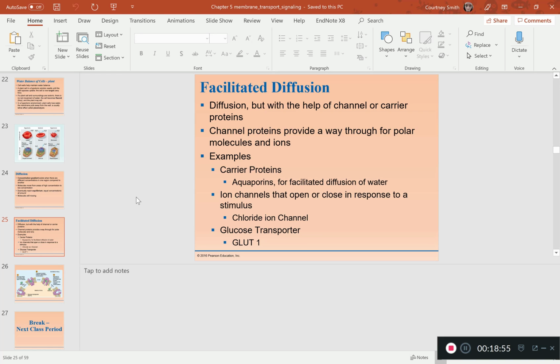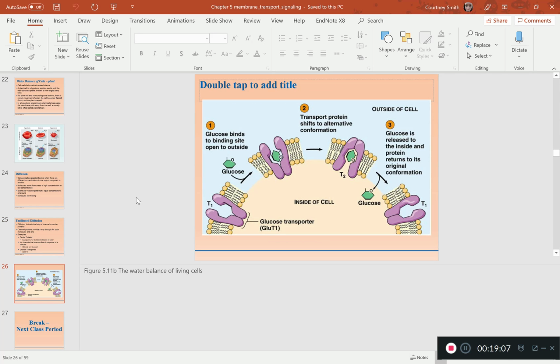Water can easily go in and out of the cell through osmosis, but there are times when water does need facilitated diffusion, and if it does, it goes through aquaporins. Now with the GLUT1 protein transporter, I definitely want you to know the 3-step system.